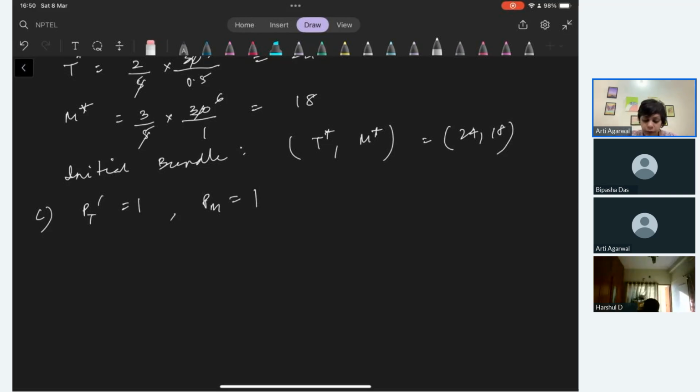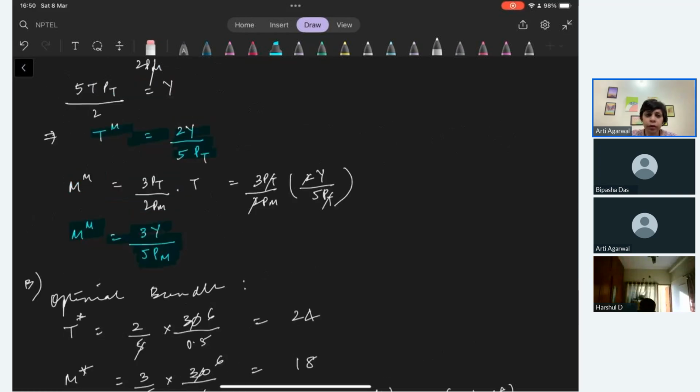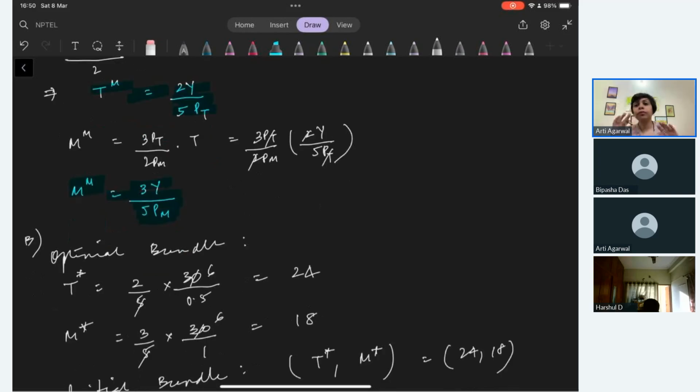But we know that we've already derived the expressions for T and M. You already have the expressions in front of you. T star is equal to 2Y by 5 PT and M star is equal to 3Y by 5 PM. From these expressions, we can find the final consumption bundle, the optimal bundle. You don't need to solve the whole thing again. That's why we derive these expressions.